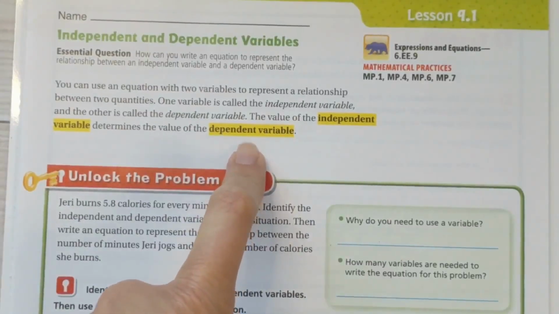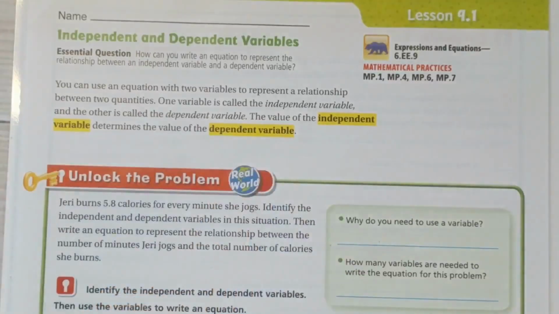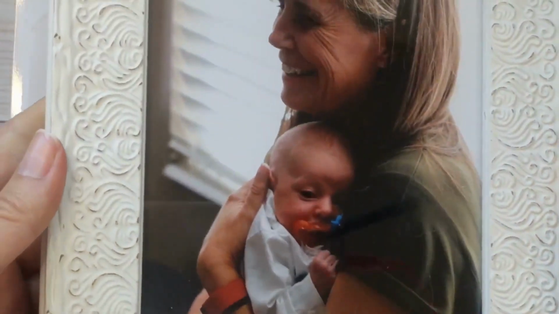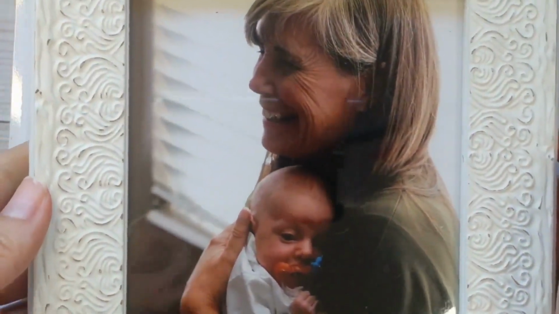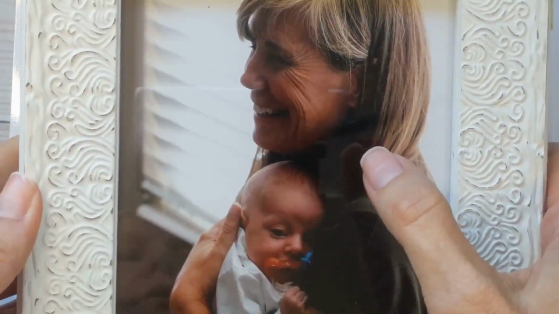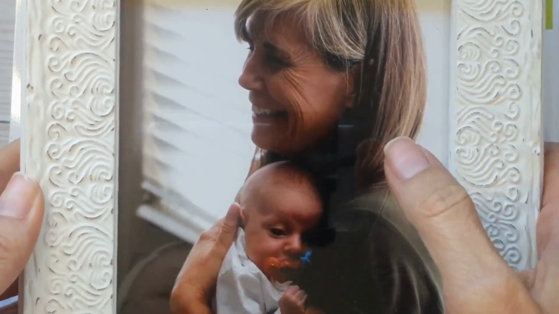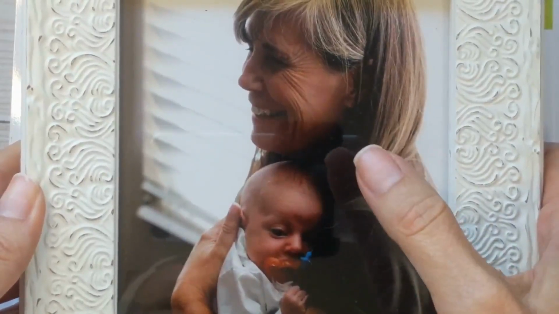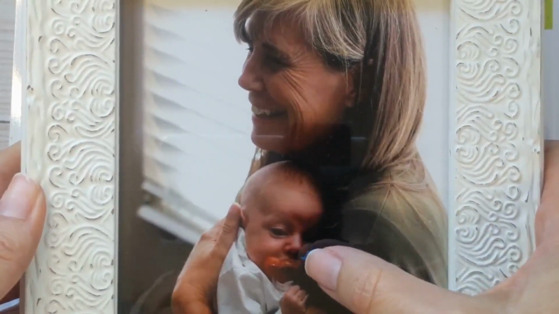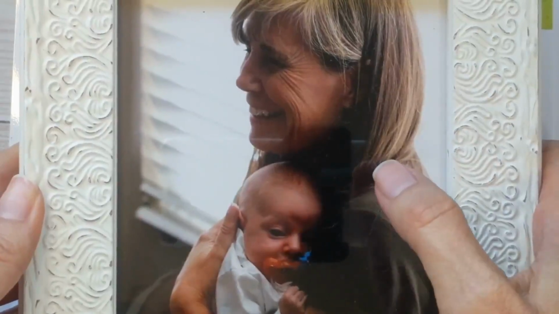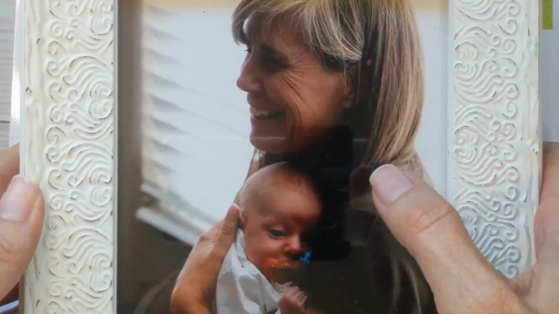So let's think of some more examples of independent and dependent. So here's an example. A baby is dependent on adults for everything that it needs. It relies on the adult. So in this example, the baby is the dependent variable and the adult is the independent variable.